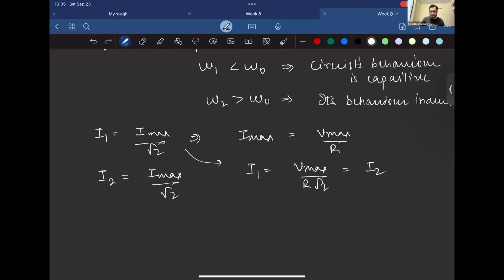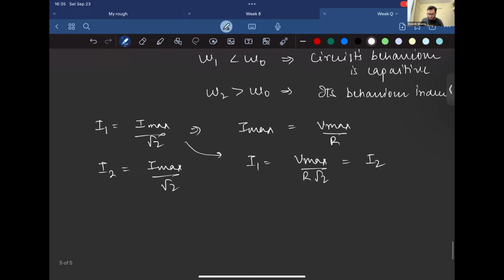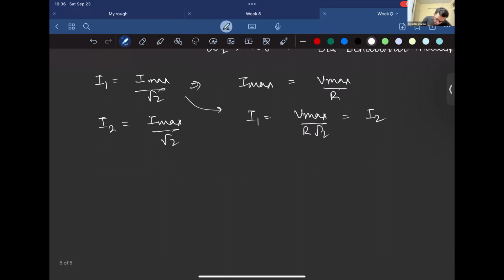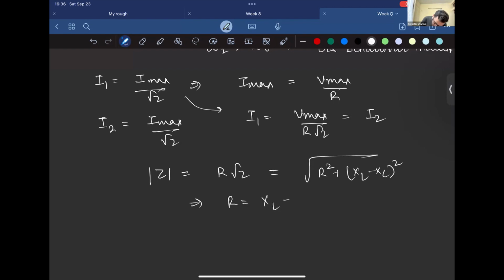So now I'm saying that the magnitude of the impedance comes out to be R root 2, but we know that for our circuit we have a capacitor and an inductor in series with the resistance. Since the magnitude of Z is R root 2, what does that tell us? Since magnitude is the square root of R square plus (XL minus XC) square, and I'm saying it's equal to R root 2, it tells us that R is equal to |XL minus XC|.